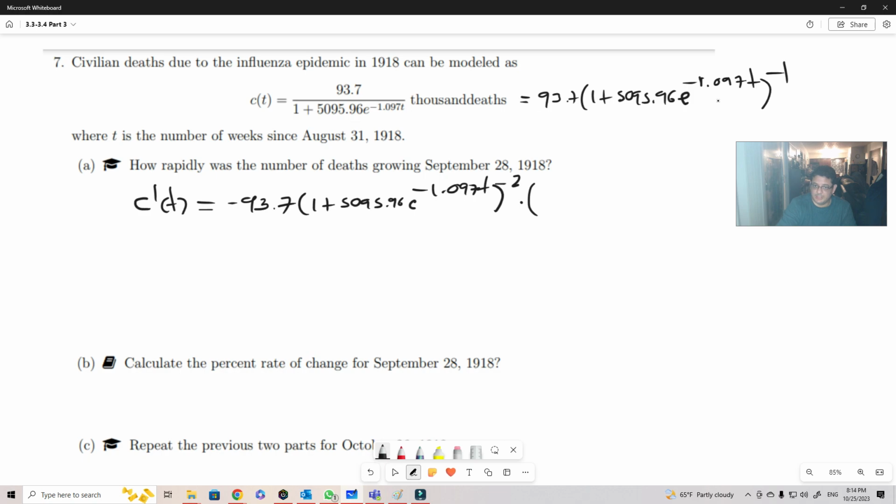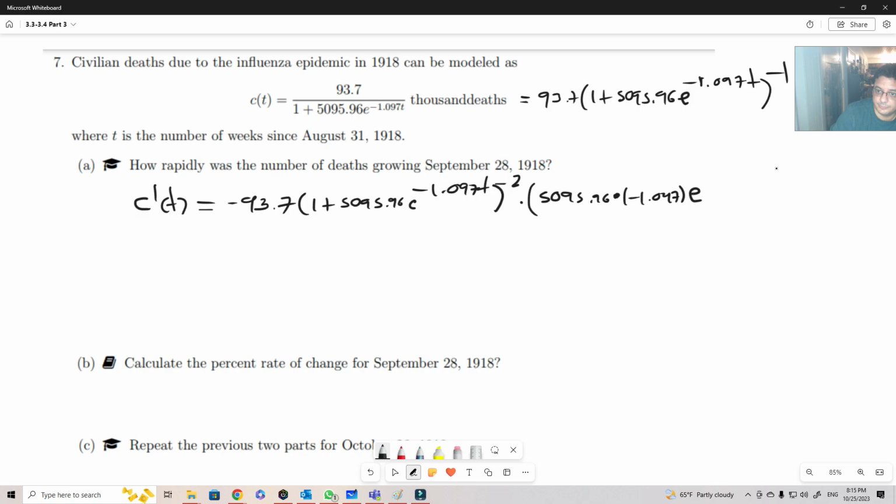So I get 5095.96 times minus 1.097, and then the exponential here. And now this is the derivative.